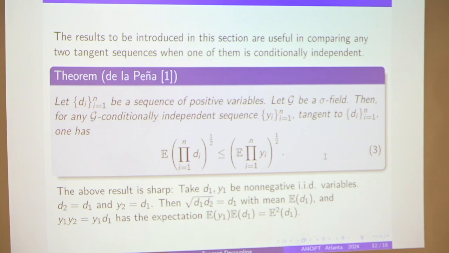If you have an arbitrary sequence of variables and you want to stop it at a certain point, the expected value of the product is going to be bounded by the expected value of the product of the decoupled ones to the 1/2. So it's a fairly general inequality.